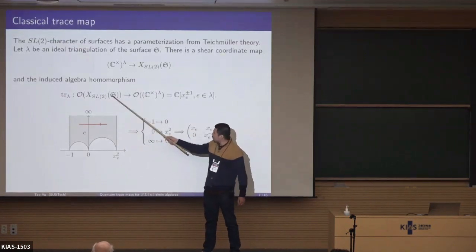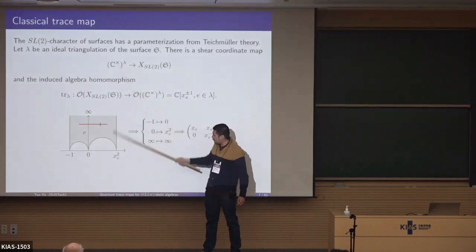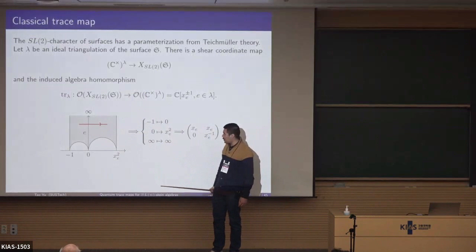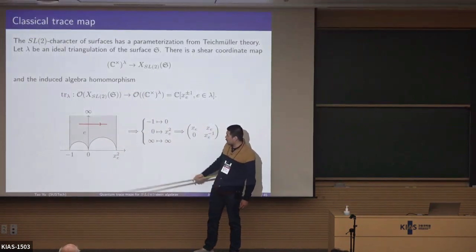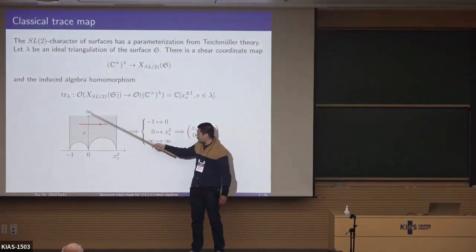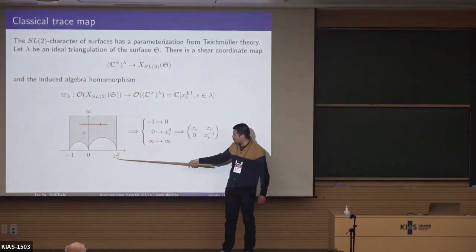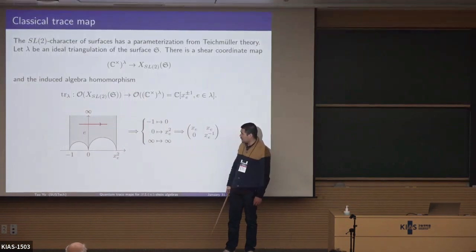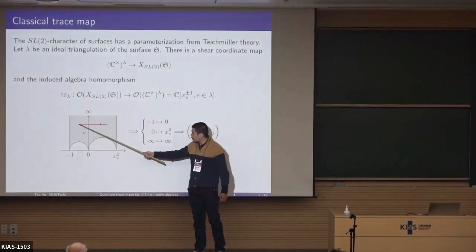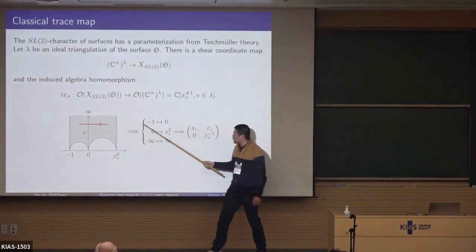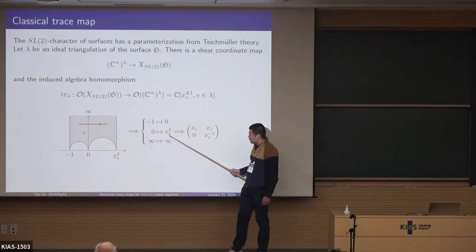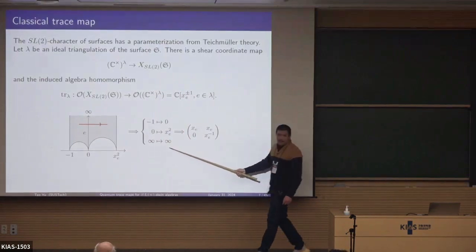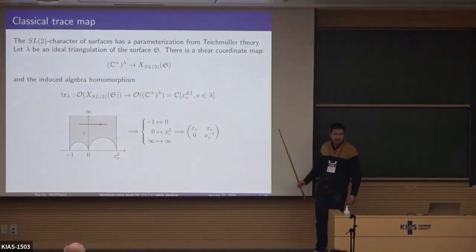You take a point here and put two ideal triangles in the upper half plane model of hyperbolic space, where you put -1, 0, infinity here, and the remaining one is your coordinate. You think about an arc crossing this configuration in this way, and then you look at the Möbius transformation that takes this triangle into this triangle, sending -1 to 0, 0 to this square, and fixing infinity. When you work out the Möbius transformation, it's given by this matrix.